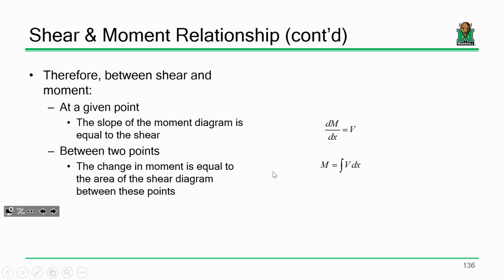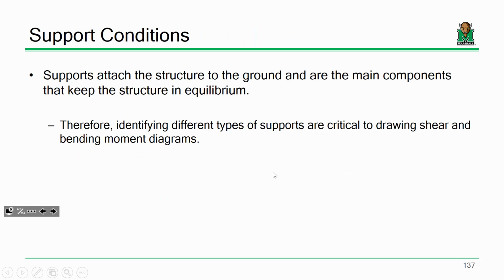Same thing's true on moment. At any given point, the slope of the moment diagram is equal to the value of shear. And between 2 points, just integrate the shear diagram. Pretty straightforward. The nice thing about what we're doing is when I say integrate, let's go back to Calc 1. What does it mean to integrate a curve from A to B?